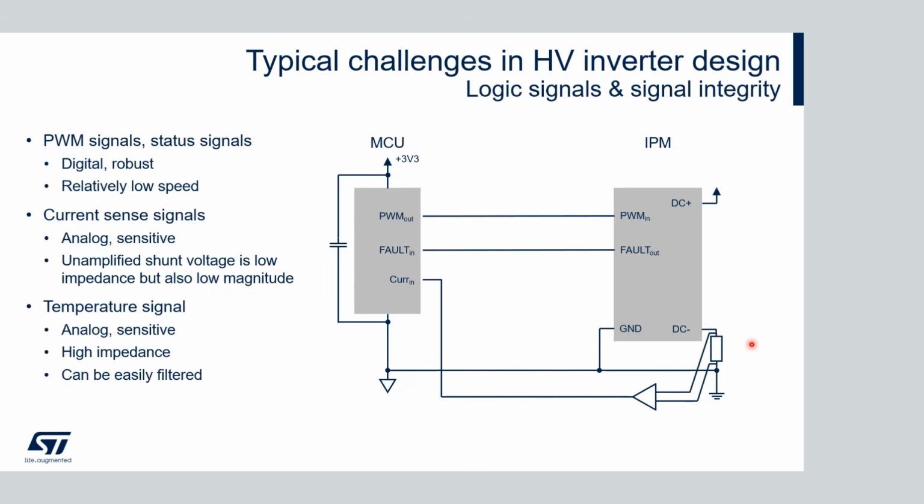An example of a high impedance signal would be, for example, the temperature signal from the IPM. This is usually obtained from an NTC, which is itself a high impedance. But in this case, the time scale of this signal is really long, so it's easy to filter this signal afterwards.